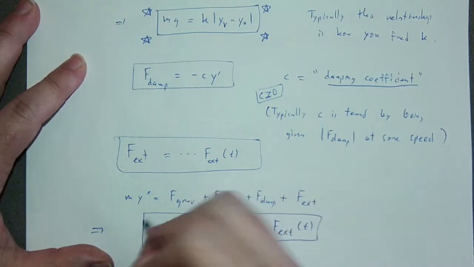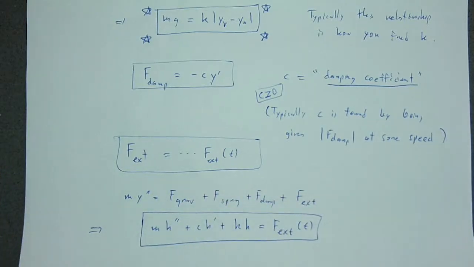This is my general applications equation for a spring-mass system. This is the equation that models this exact situation, and it's what I refer to whenever I'm asked a question about a spring-mass system.